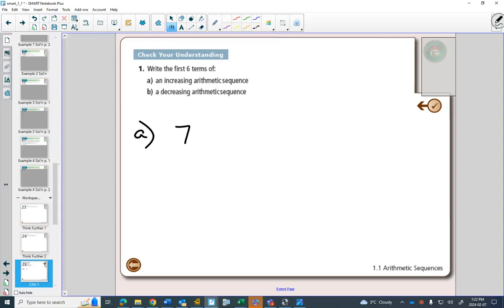So if I added 2, my next number would be 9, then 11, then 13, then 15, then 17, and it would keep on going. We could say that in this case, our common difference is 2, because we're going up by 2's each time.